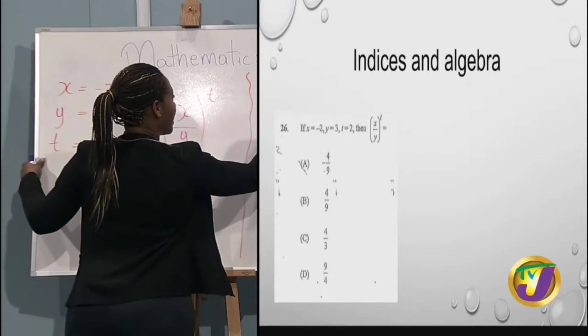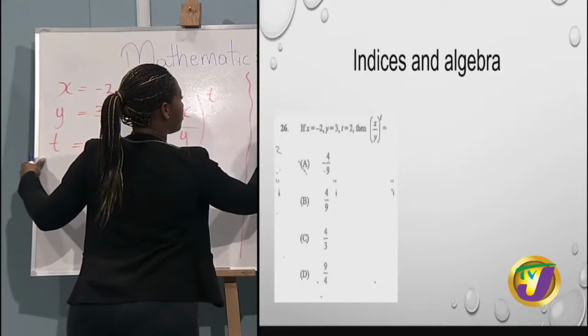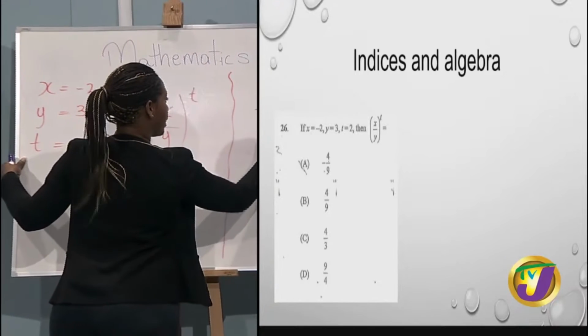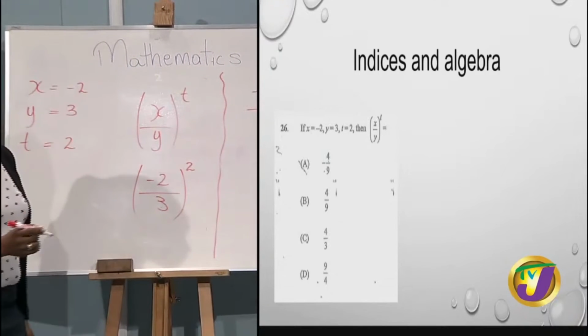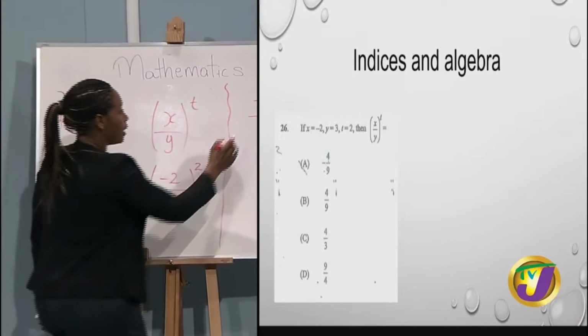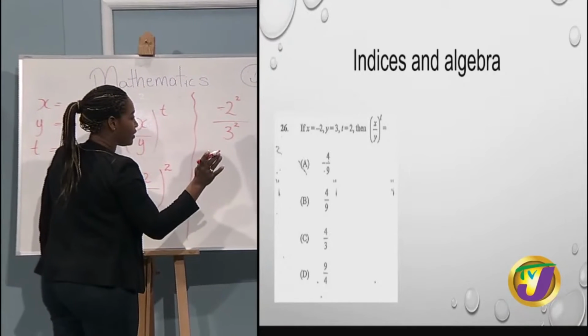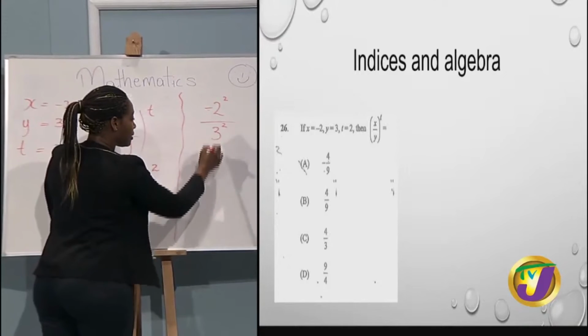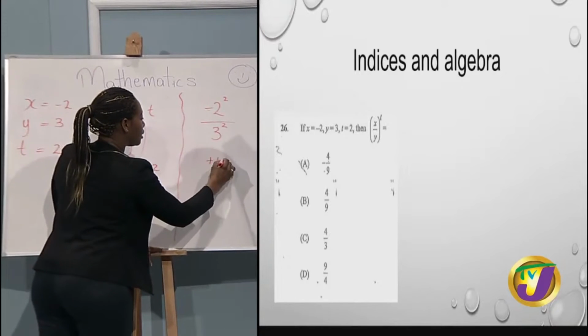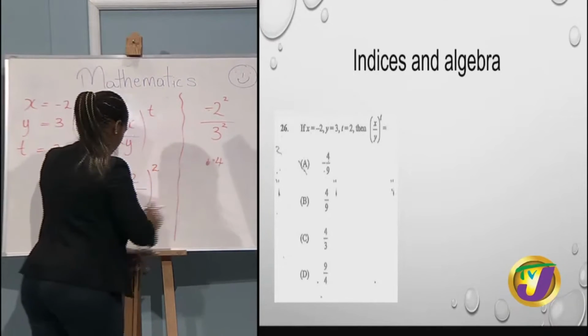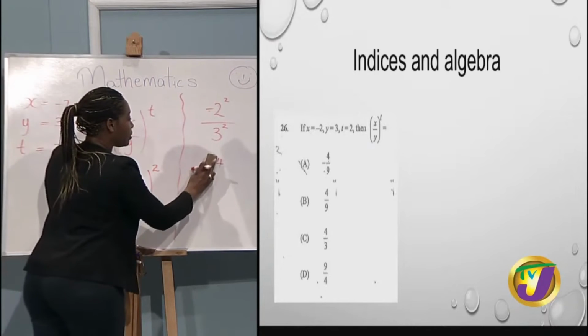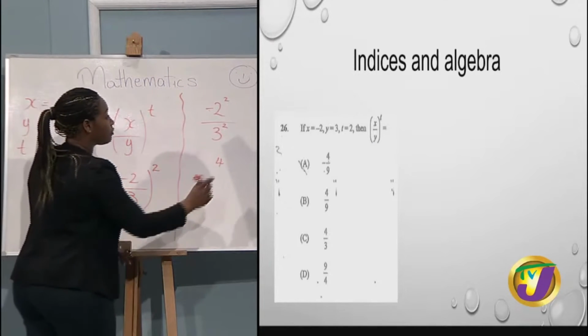So we now have negative 2 raised to the second power over 3 raised to the second power. That's what it means. So negative 2 multiplied by negative 2 will give us positive 4. We do not write the plus sign there. Conventionally, we do not. But if it makes you comfortable, feel free.